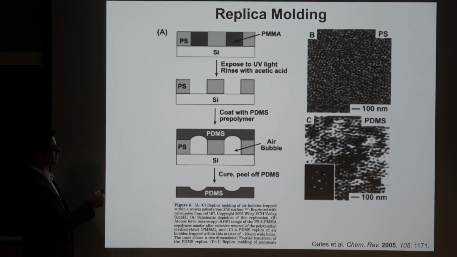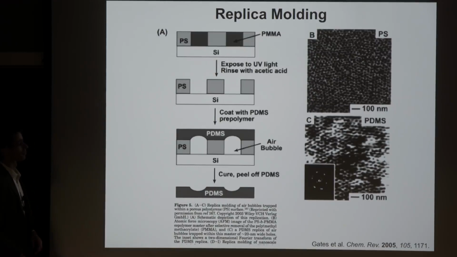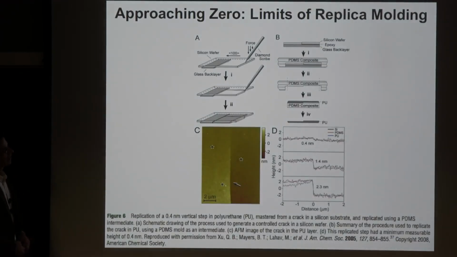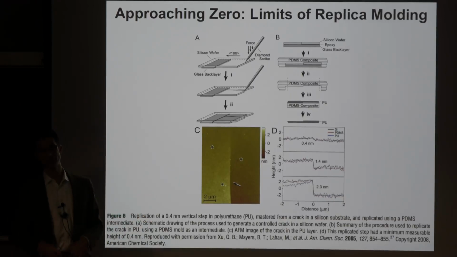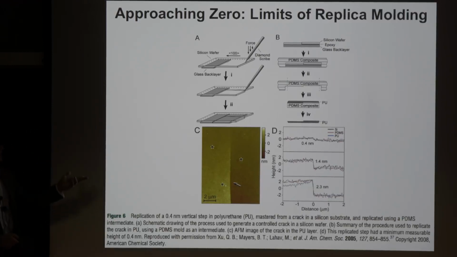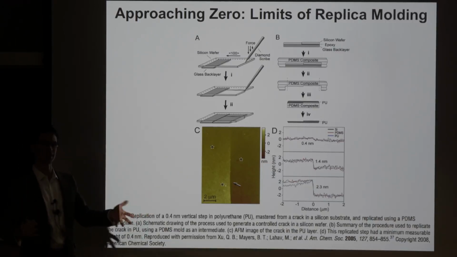And then you can coat PDMS over them, and maybe they'll form air bubbles, and you can actually get the impression of the nanoscopic air bubbles in the PDMS, which can serve as the basis for further replication. Yeah. How did it happen? You might get that by increasing the temperature and just having the pressure bulge out a little bit. That's a good question. The question was, how do you make the shape concave?